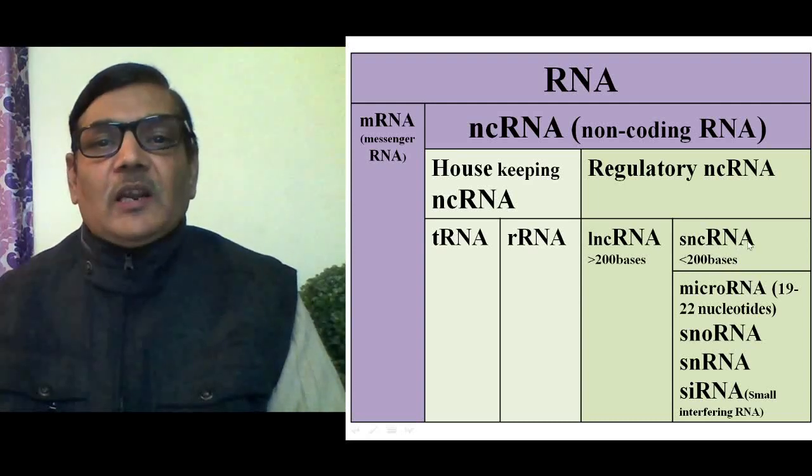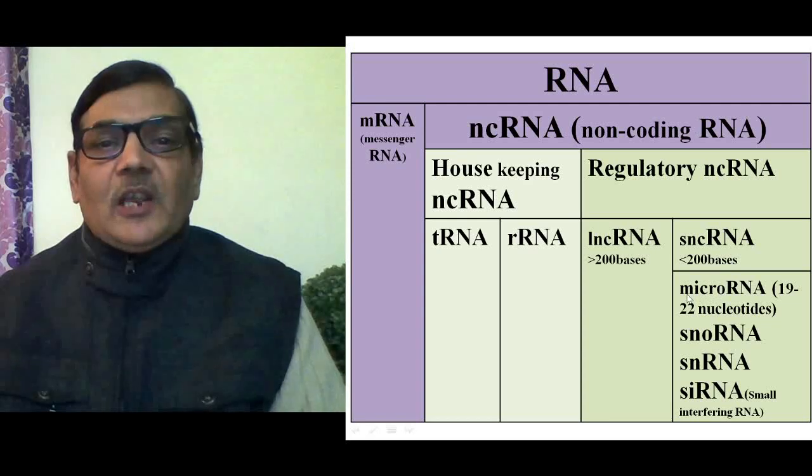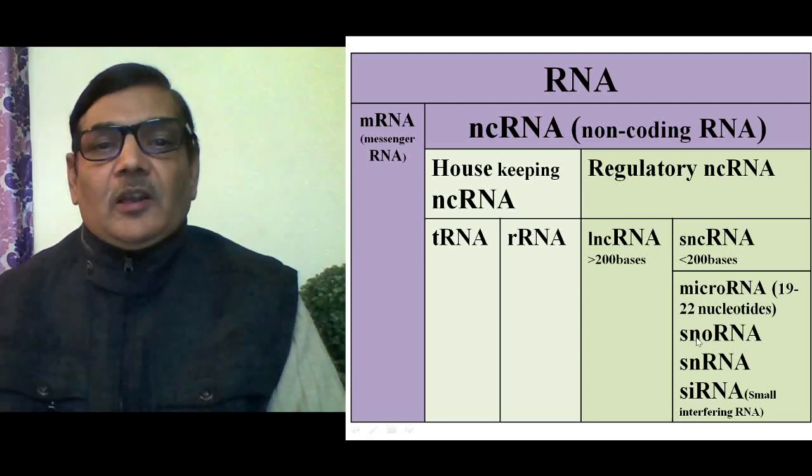The non-coding RNA molecules which are short, that is less than 200 bases, are again of different types like microRNA. They are just 19 to 22 nucleotides long. The other are small nucleolar RNA. They are required for the processing of ribosomal RNA and they are found in the nucleolus.